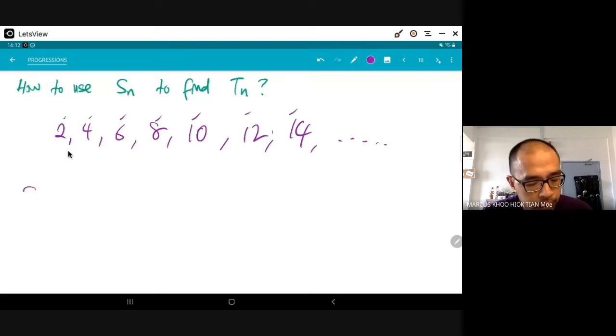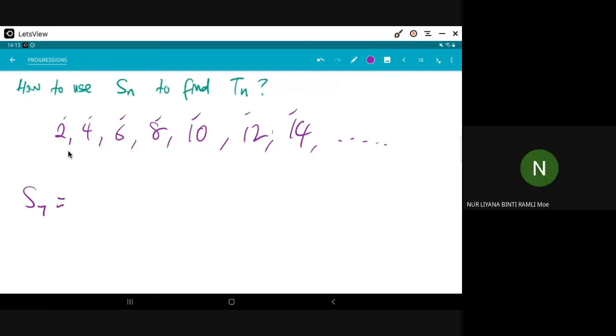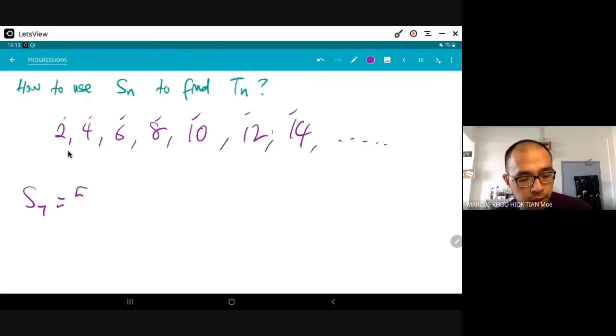Can somebody please tell me what is S7? S7 means kamu jumlah semua, untuk mendapatkan ke-7. Dari pertama sampai ke-7. What's the answer for S7? 56. Okay, fine. 56. Now, take a look.